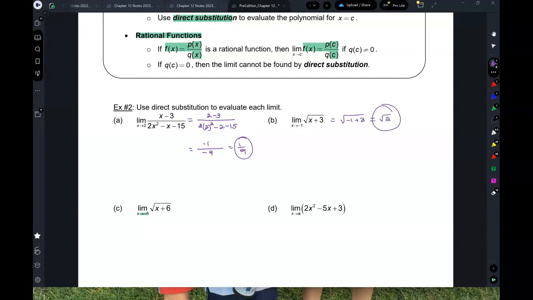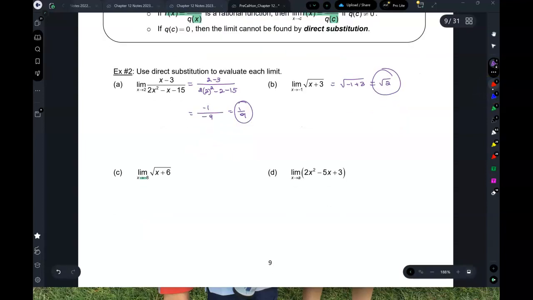That's good enough. So you can evaluate the limit using direct substitution as long as you get a defined value. Okay, here, the limit as x approaches negative 8 of this. Okay, so that doesn't work.